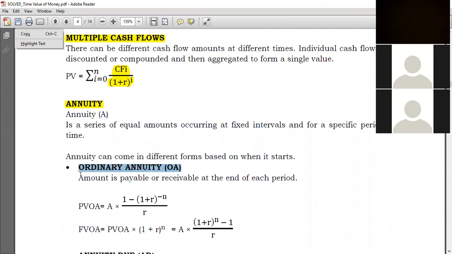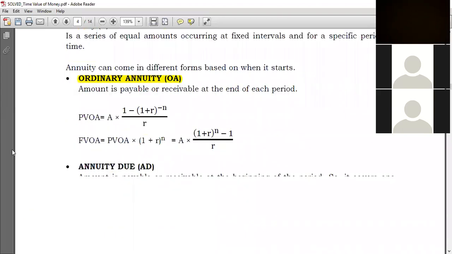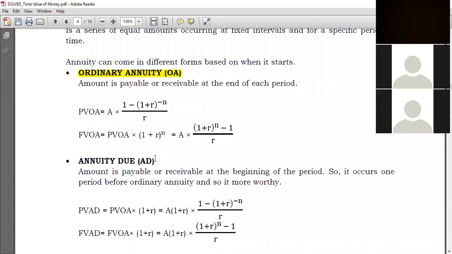But if something is payable or receivable at the beginning of the period, we call it annuity due. Annuity due means a payment is made in advance before the actual activity starts. Actually, we'll see the relationship between the two forms of annuity.